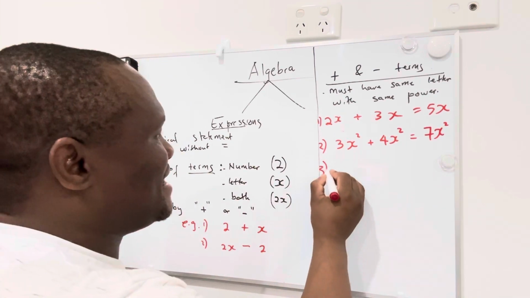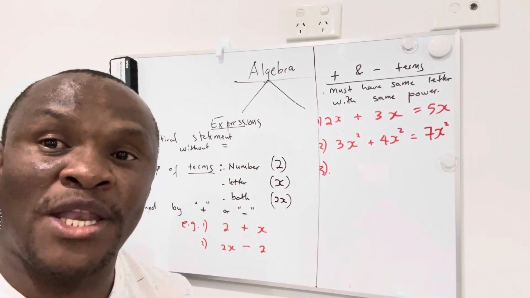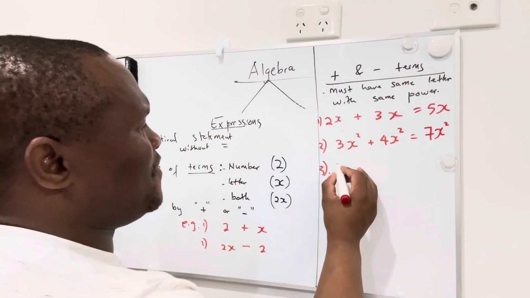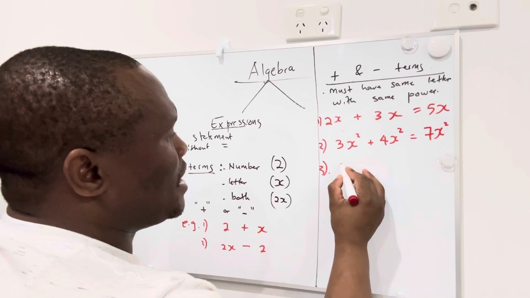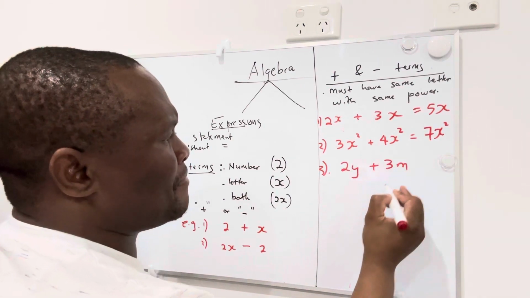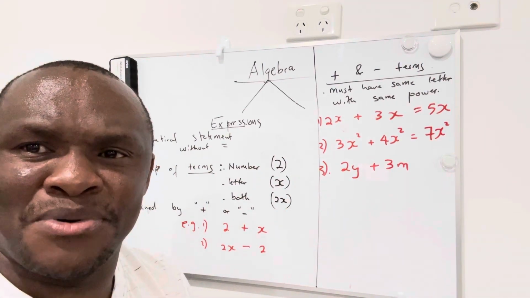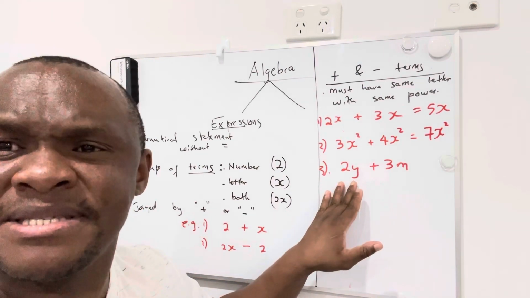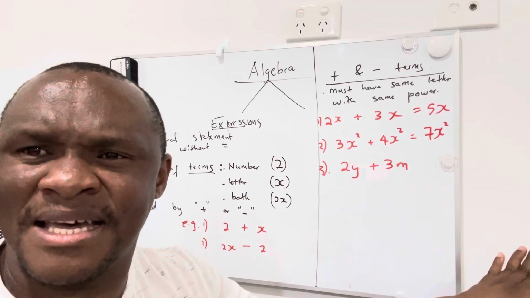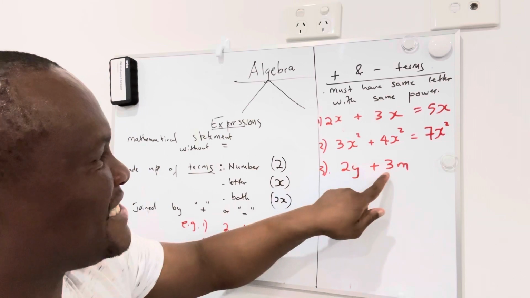I hope we are still together. Now, let's try one with different letters. If we say 2y plus 3m, it is like saying 2 apples plus 3 oranges, what's the answer? We cannot add them together because the letters are not the same.